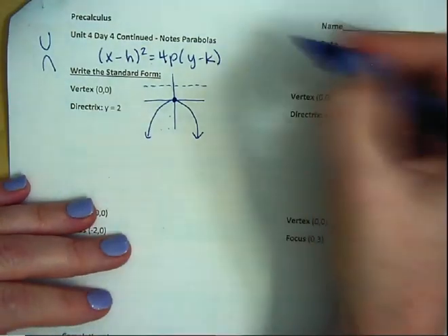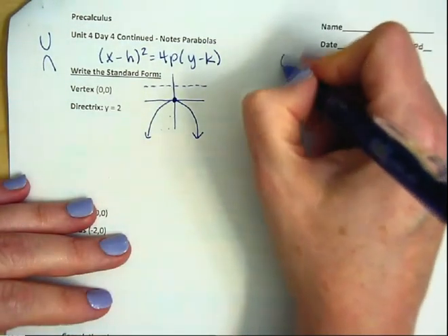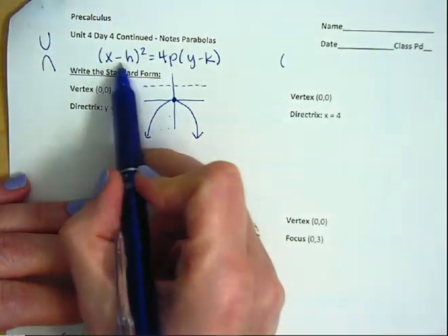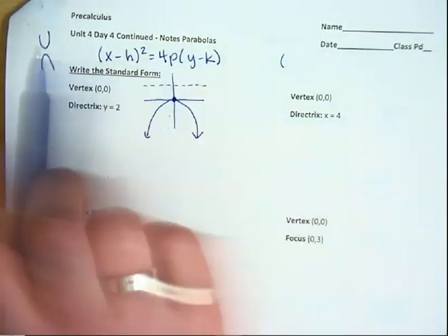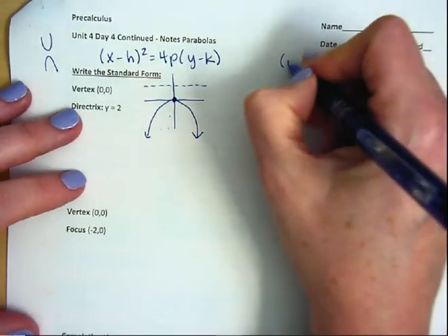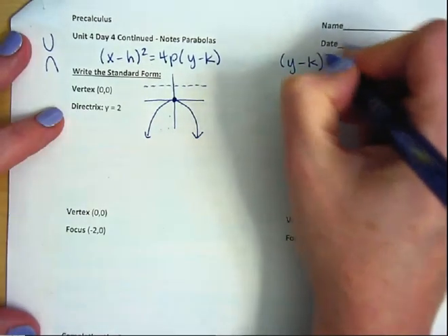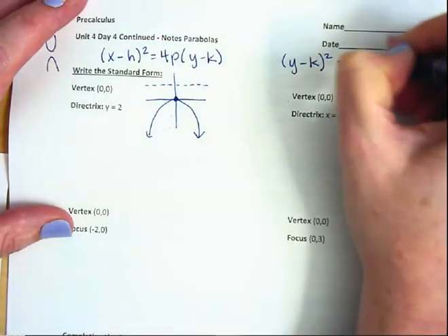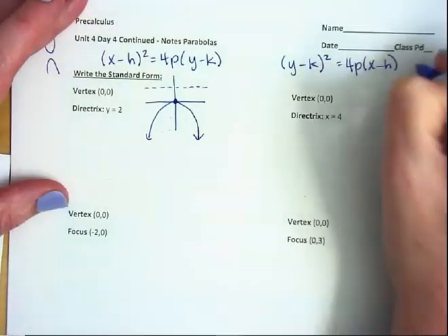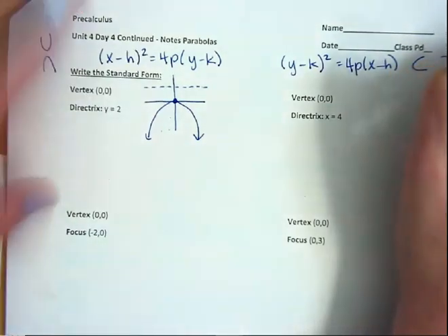And then a left and right orientation is where you take this group that has x and h and this group that has y and k, and you just switch their positions. And this makes a left or right orientation.